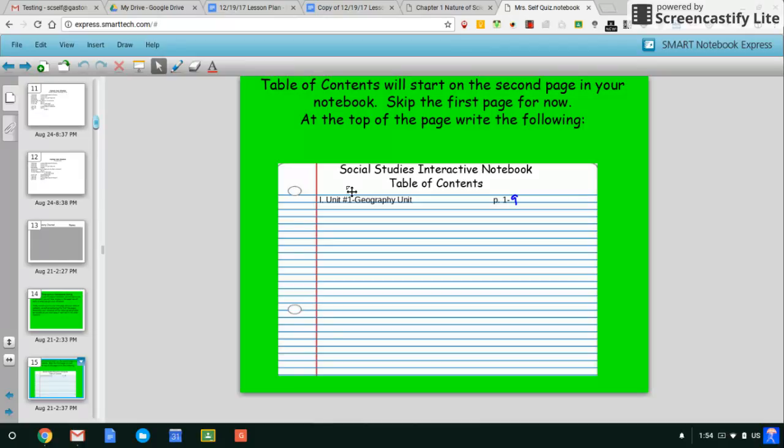On the second page, not the back of the first page, at the top, you're going to write, instead of social studies, science interactive notebook table of contents, and this is at the very top. I'm going to pause a second while you write that.